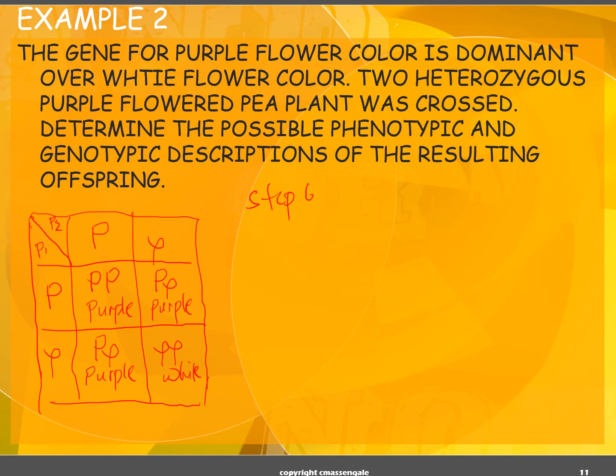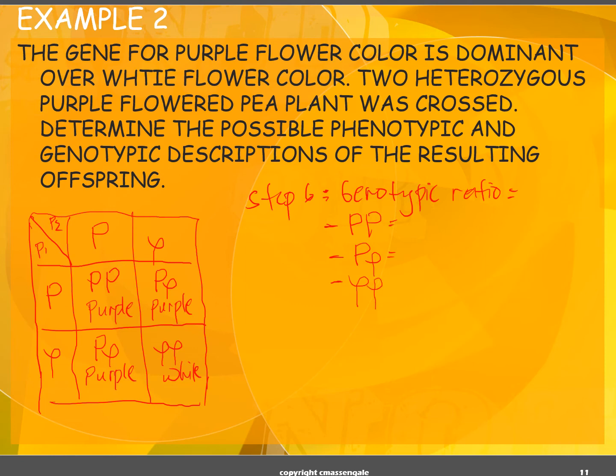For step number 6, we will determine the genotypic ratio. So the genotypic ratio, write down all the possible genotypes. So capital P capital P, heterozygous, capital P small letter p, and then the last one is small p small p.